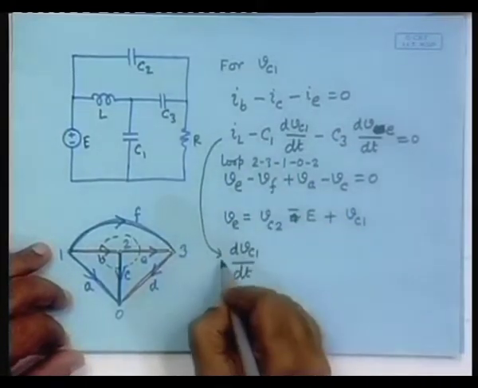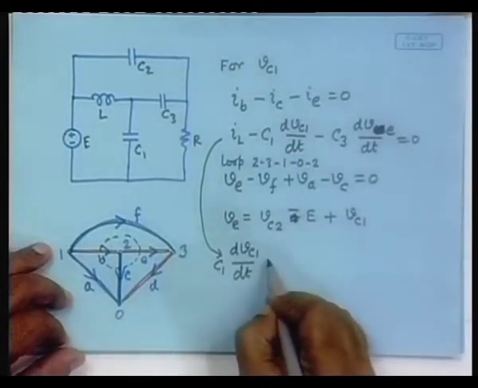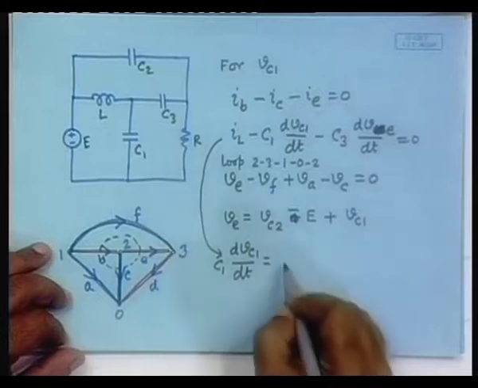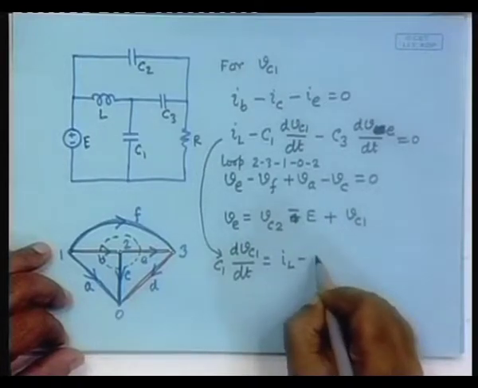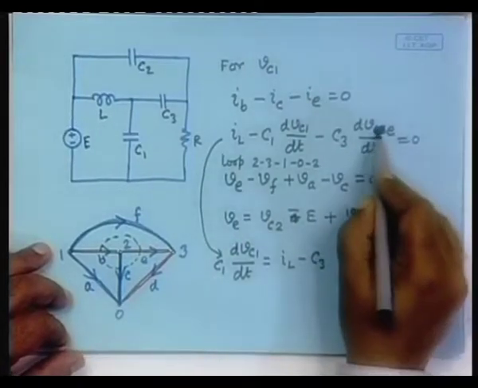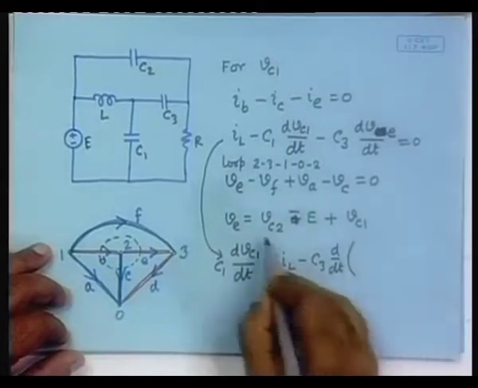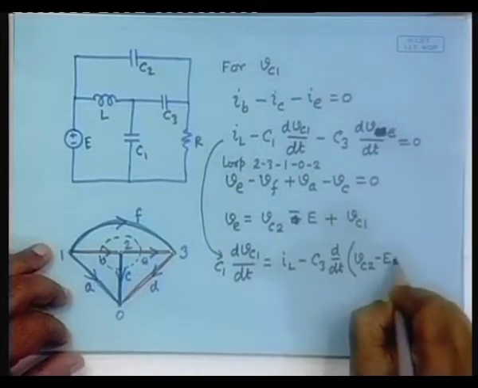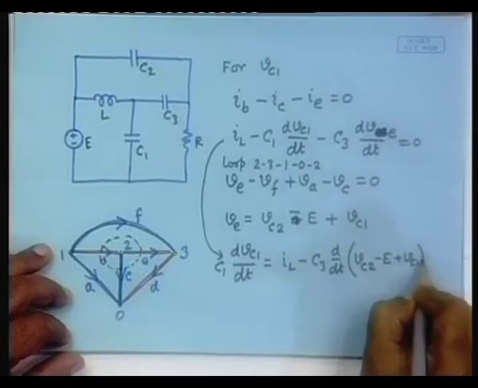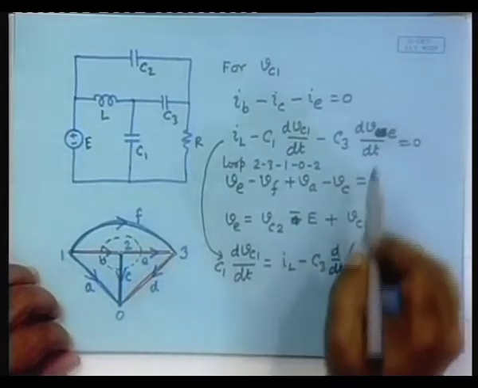Let us keep the C1 for now here, is equal to IL remains minus C3. Now, all these will be d/dt of this whole thing. Fine. We are substituting this term here from here.